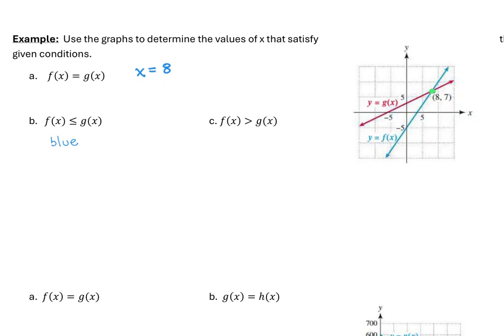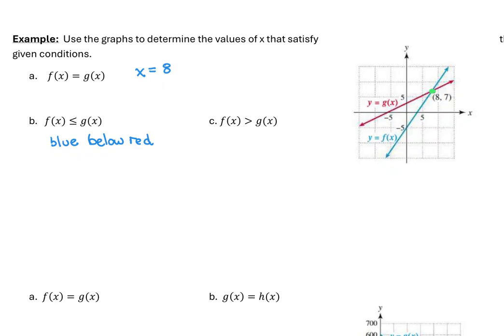In order to be less than or equal to, we want to be below g of x, which is our red line. Visually, this is what we're looking for, and we want to know where this happens.